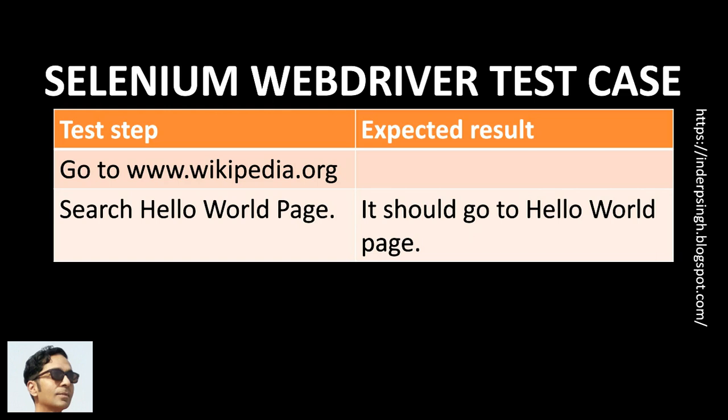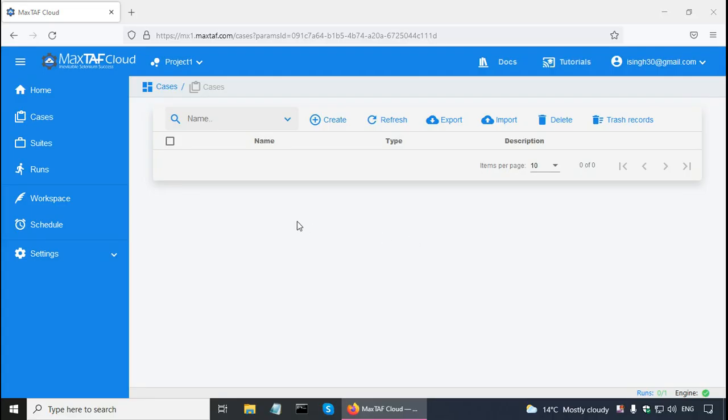Now let us implement this in MaxTAF. So in MaxTAF, what I need to do is click on cases in the left hand side navigator, and then click on the create button.